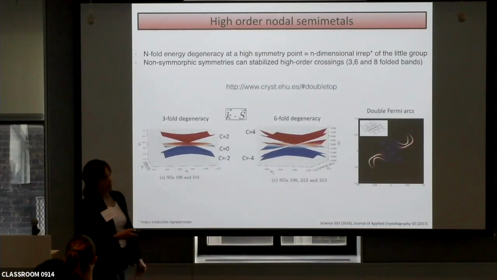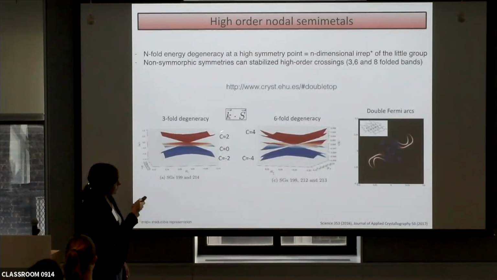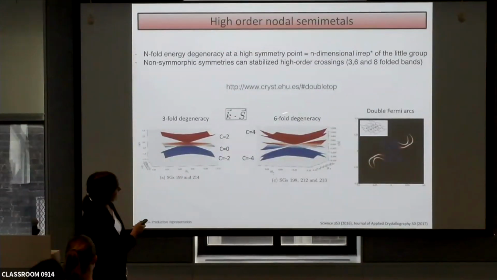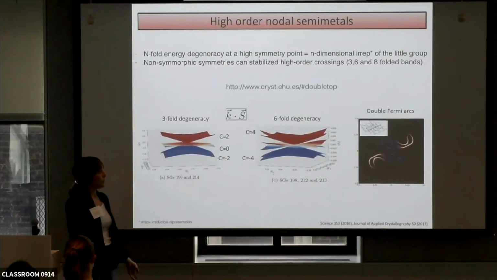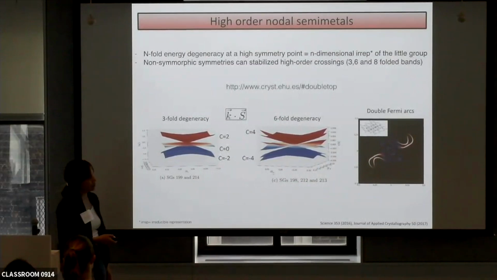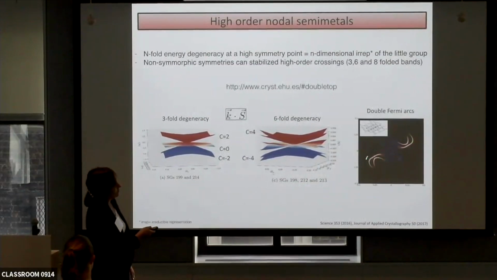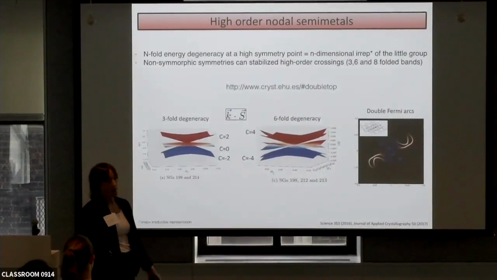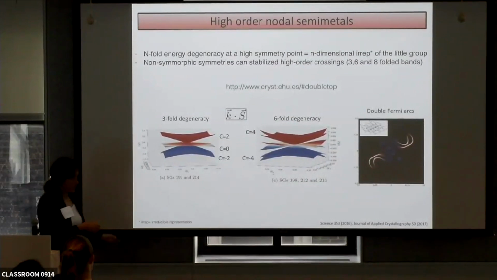And because it lacked mirror and inversion, this threefold crossing holds a large Chern number. And the same happened with a sixfold degeneracy in this space group here. We also proved that the k·p Hamiltonian of the little group at these high symmetry points can be mapped to a spin-1 matrix, and also that one of the experimental signatures could be a double Fermi arc between two high symmetry points.